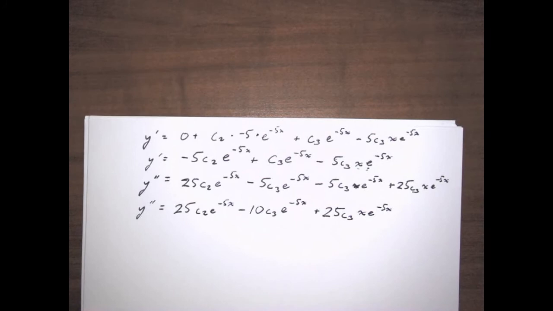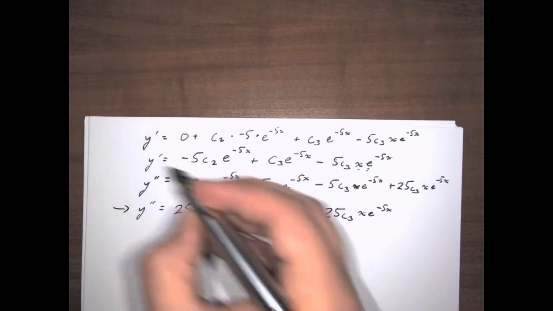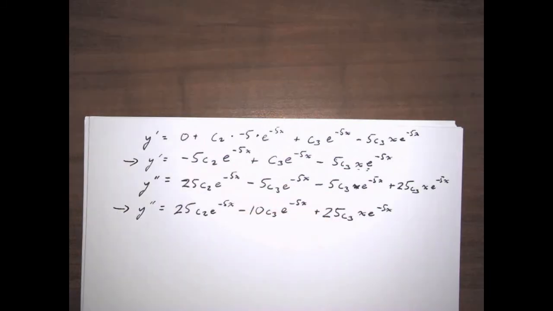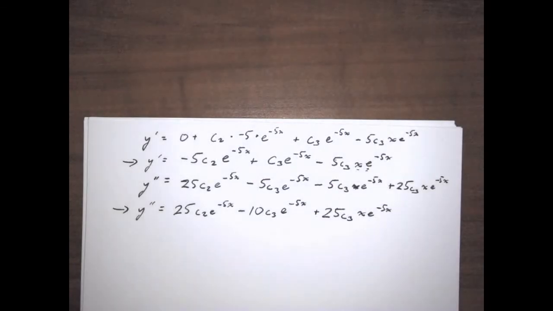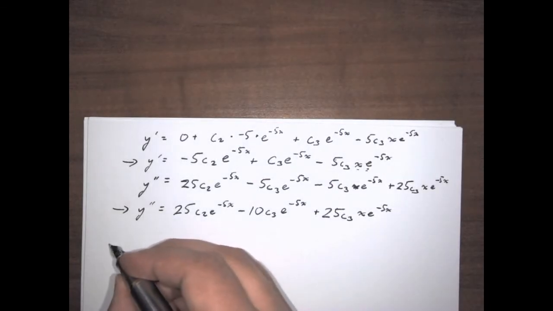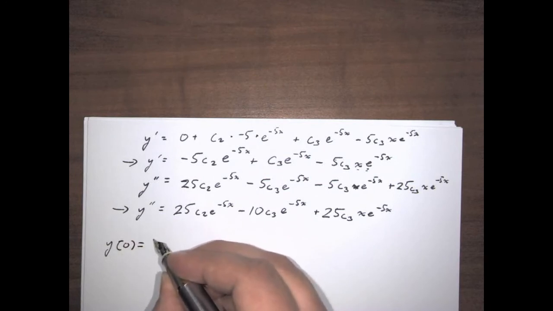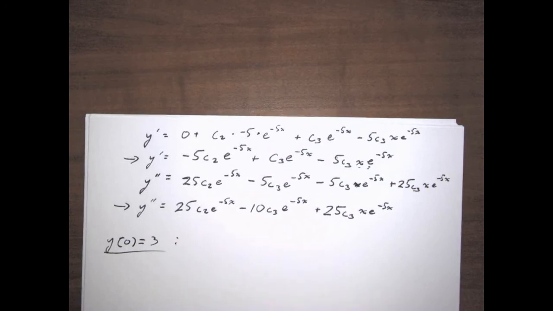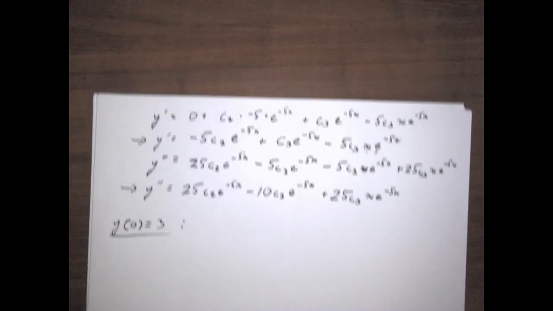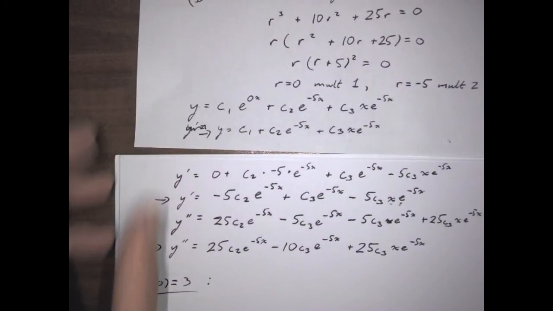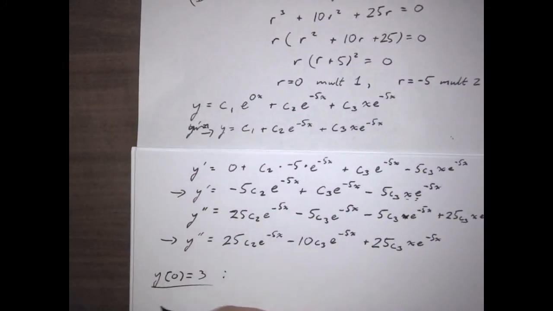Okay, now we've got the three pieces that we are going to be putting into our initial condition. And so let's just cut to the chase and see if we have y of 0 equals 3. Where's that going to lead us? So taking the y equation that we had there, and we plug in 0 for all the x's, and set the whole thing equal to 3, we're going to have 3 equals c1 plus c2 times 1.